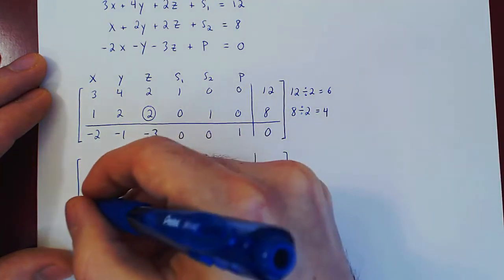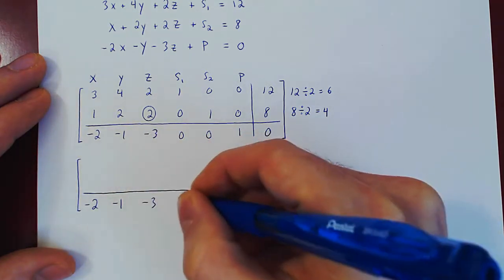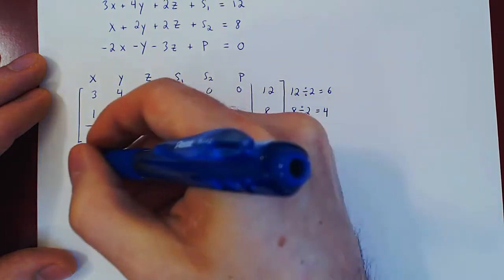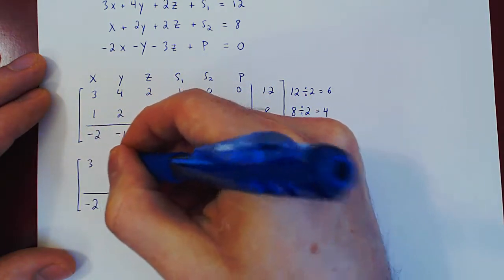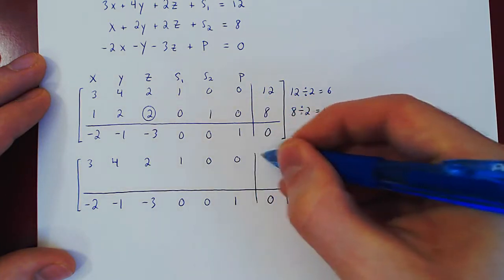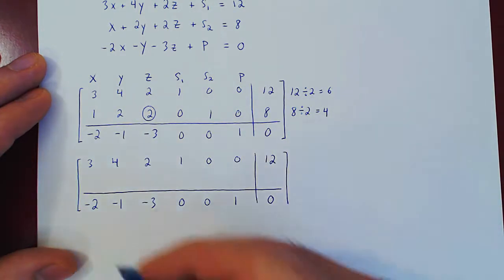So we can recopy row 3 and row 1 as we are not changing them. And now multiply row 2 by 1/2.